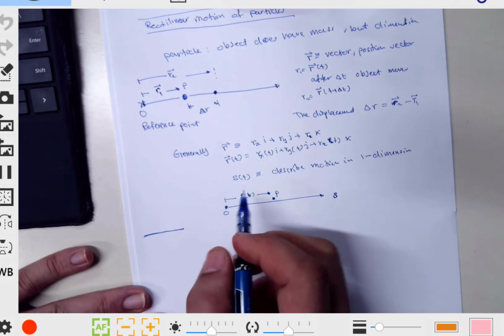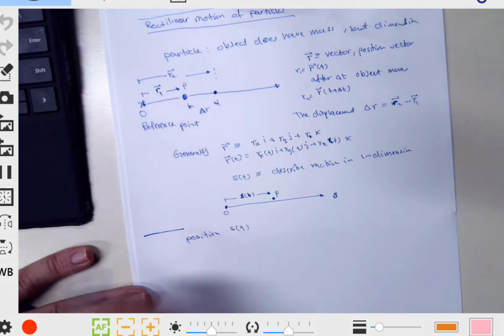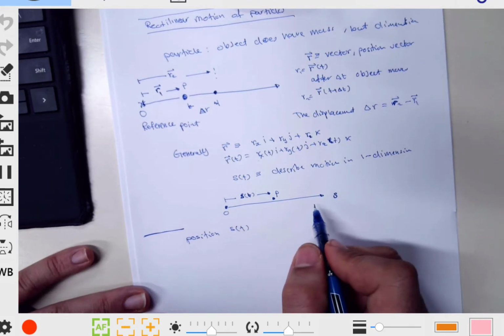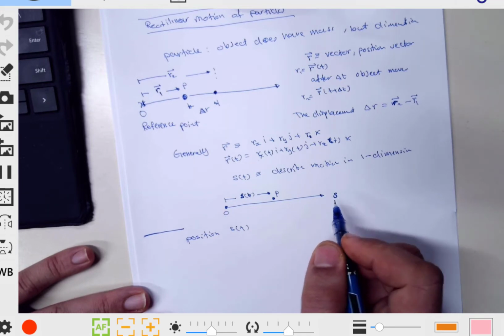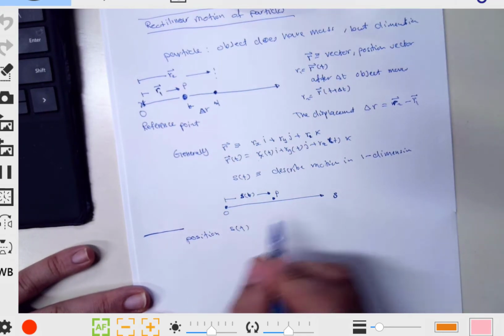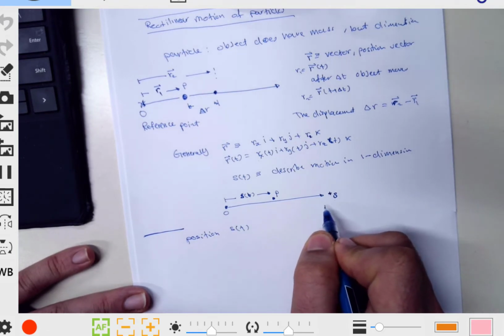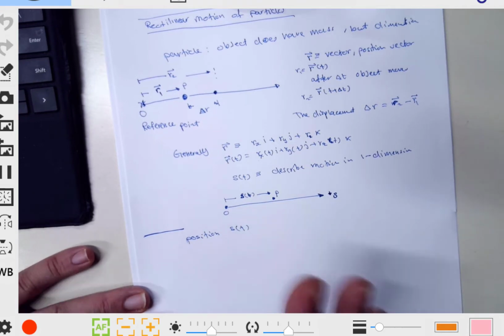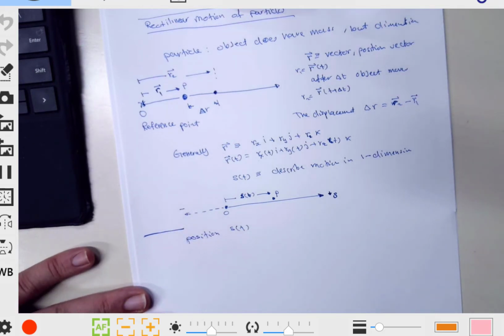Alright, so the position S of t, right? It could have a positive value or negative. A positive value means the object is moving in the positive direction assigned. For example, here we have to decide whether this is positive or negative. So let's say always when the arrowhead is pointing to a direction, that's positive, and anything in the opposite direction is negative.